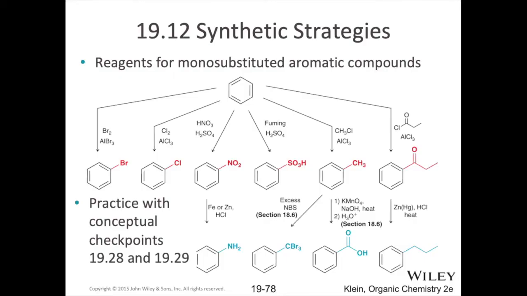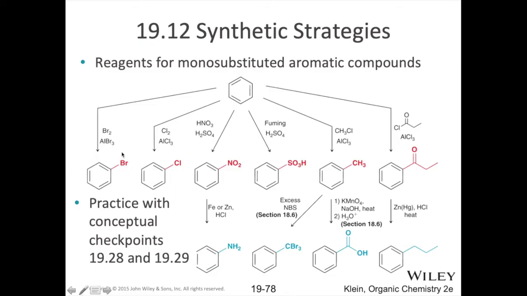Okay, so to summarize all of the reactions we've looked at, this is probably a great slide to reference when you're studying the different reactions in this chapter. Basically, starting off at a benzene, we can do our EAS reactions. We can swap out a hydrogen for a particular functional group.